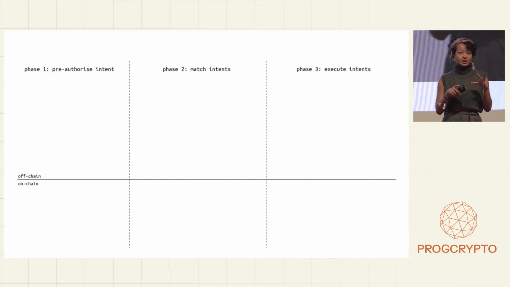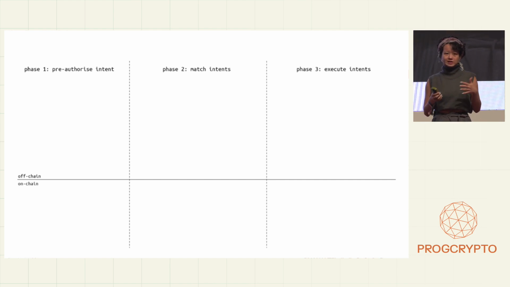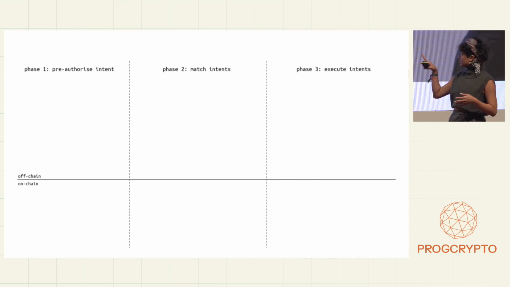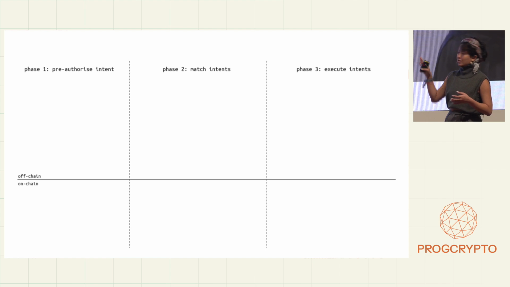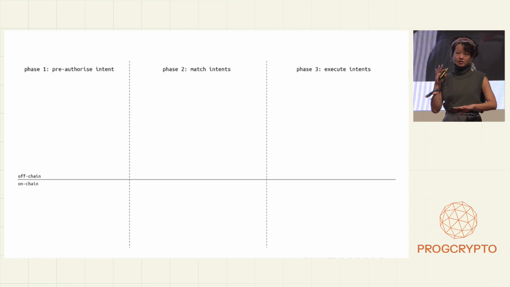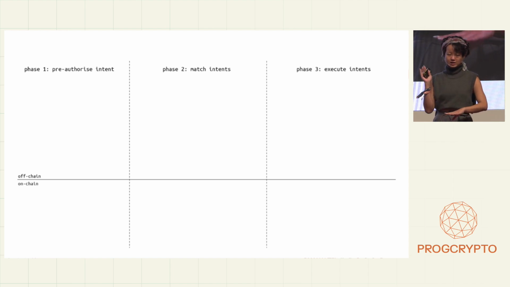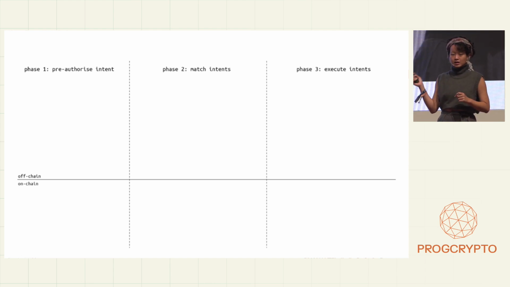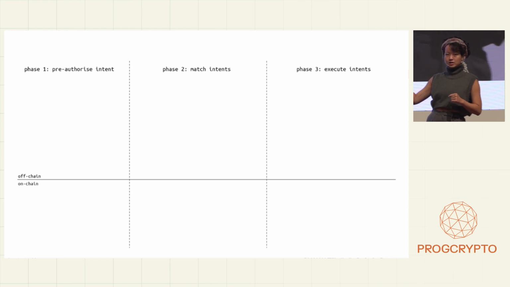Phase 2 is when multiple users' intents are matched. And this is the interesting phase, because this is when you see these solutions start to differ in terms of the privacy guarantees that they offer. And this is when solutions using private computation can actually preserve user privacy.